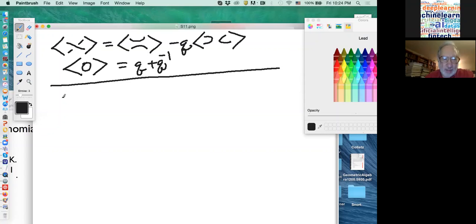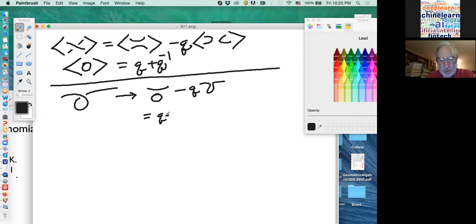So then let's see what will happen. Suppose that I have a little curl here. Then this is going to go to that minus q times that, right? Yep. So that's going to be equal to q plus q inverse minus q times this, which is just equal to q inverse times this.